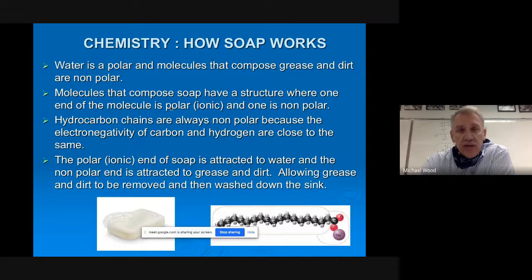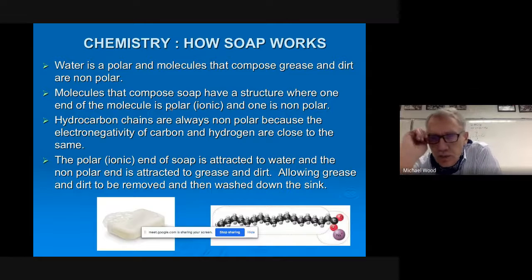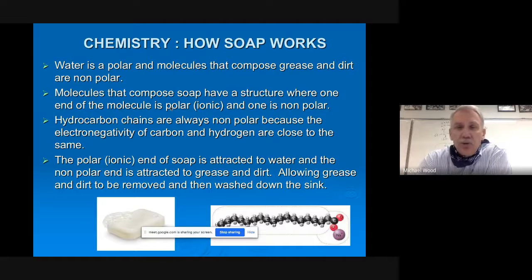If you look on the diagram in the bottom right-hand corner with all those C's, on one end it's got the red oxygens and Na, and that end is polar. The other end is nonpolar. Hydrocarbon chains are always nonpolar because the electronegativities of carbon and hydrogen are almost the same.